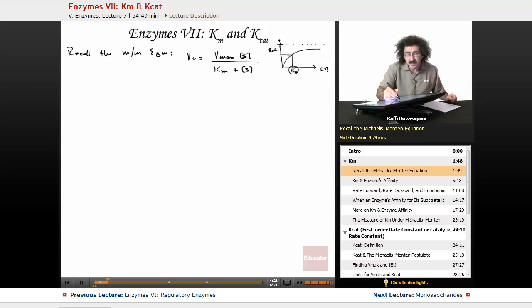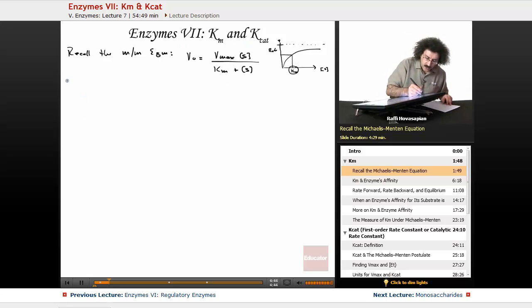So this Km is the concentration of substrate that I need that will make the enzyme operate at 1/2 of its maximum velocity. 1/2 is just a good number. Not too low, not too high, right in the middle. That's what Km is. So this is the Michaelis-Menten equation.